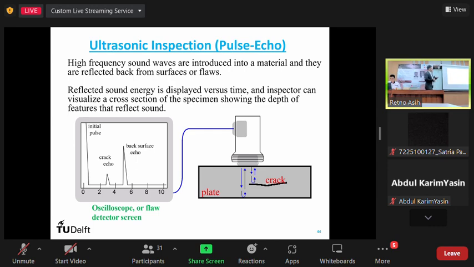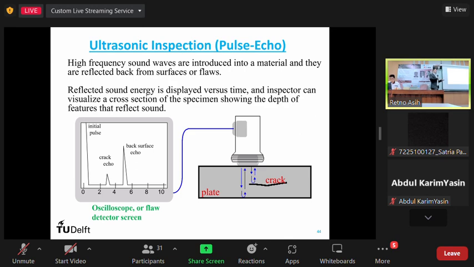So this is ultrasonic inspection. Ultrasonic is quite similar to acoustic emission. You have again the mechanical wave, but this time what you do, you use a probe and you send a signal and you receive a signal. In the previous one, you were just hearing what's happening inside. Now you're actually intentionally sending a signal to see if there's a problem, then it can be reflected and then you detect it.